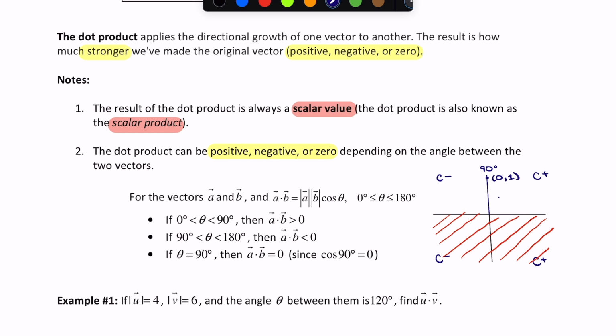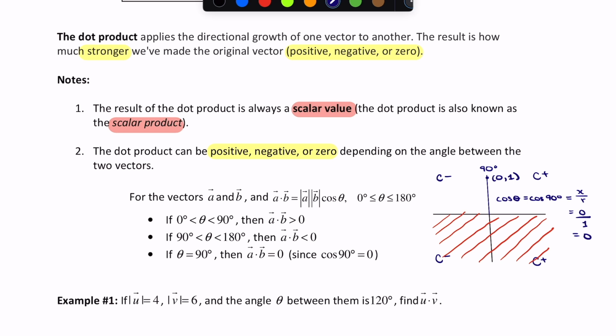We see that cos theta is equal to cos 90 degrees, which is equal to x over r. In this situation, x is 0 and our r value is 1, so that's equal to 0.